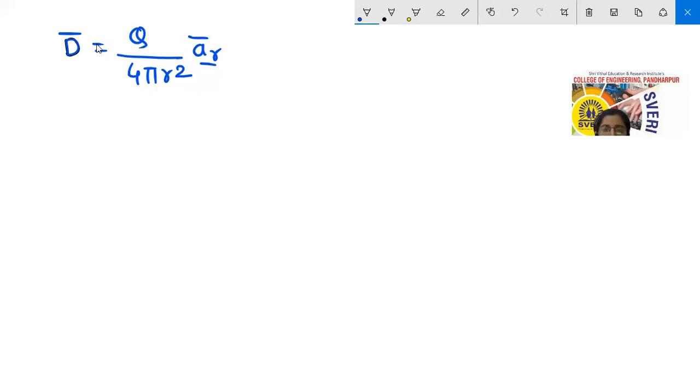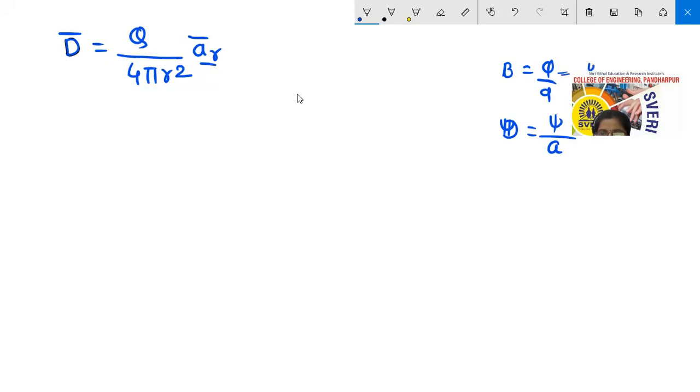So can anyone tell me the unit of electric flux density? In magnetic flux density, B is equal to phi by A, and in electric flux density, if I consider, D is equal to psi divided by A. So what is the unit of magnetic flux density?